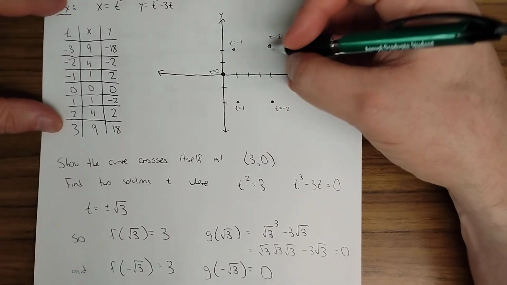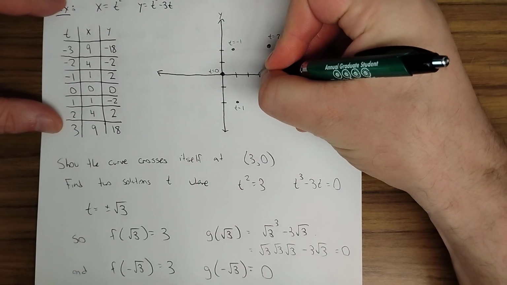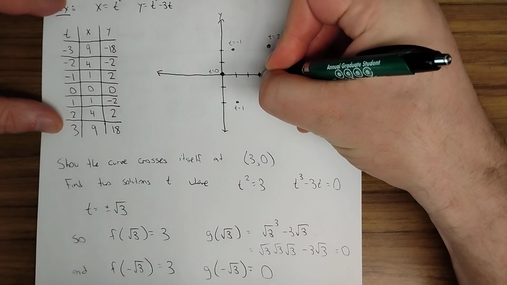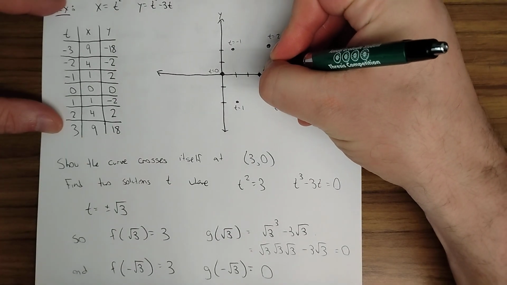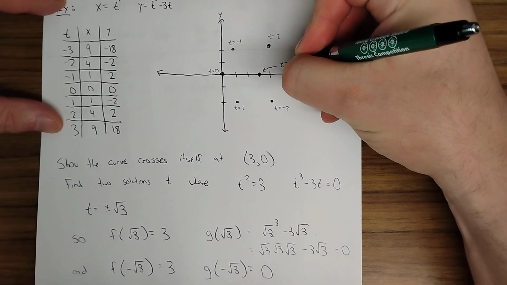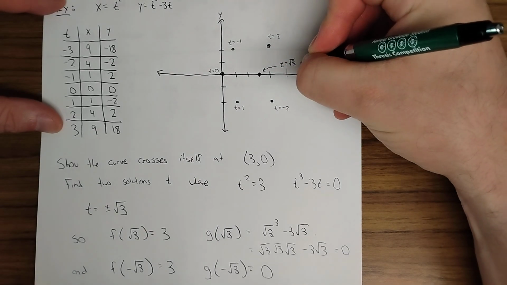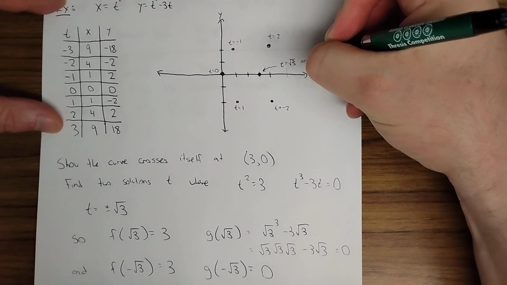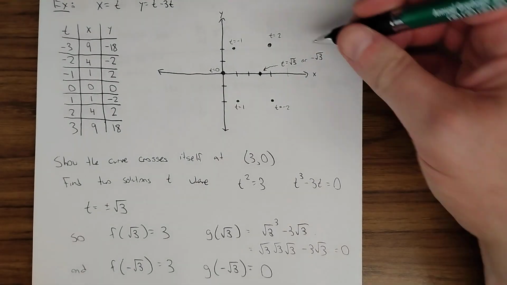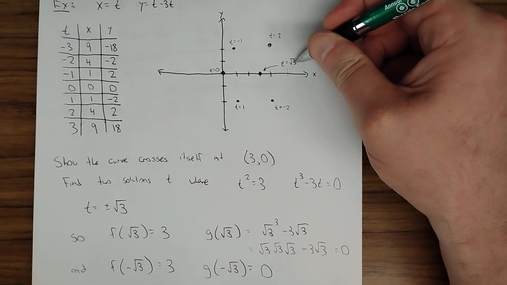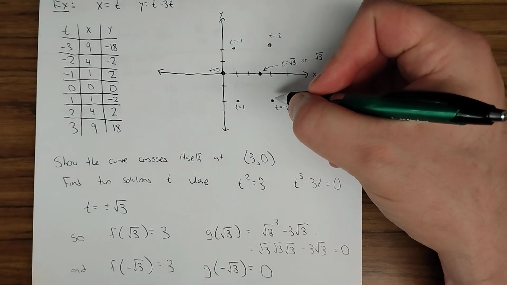So now that we know that it goes through this point, and this is when t is root 3 or negative root 3. So root 3 is about 1.7, so it sort of makes sense here.